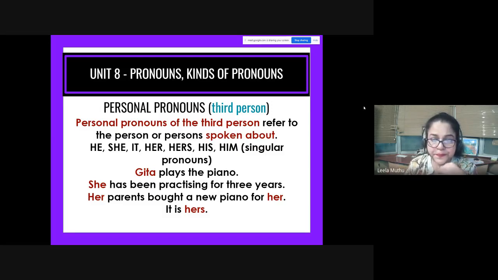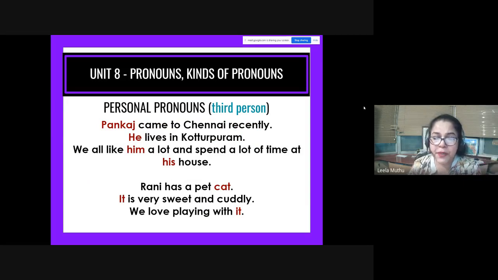All right, now there are a lot of examples. Pankaj came to Chennai recently. He lives in Kotturpuram. We all like him a lot and spend a lot of time at his house. Again, we are talking about one singular noun, which is a male noun.